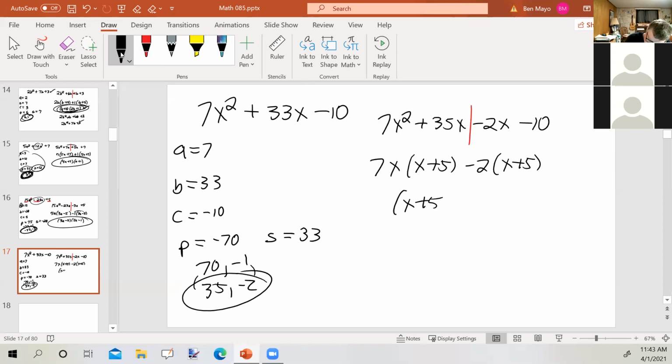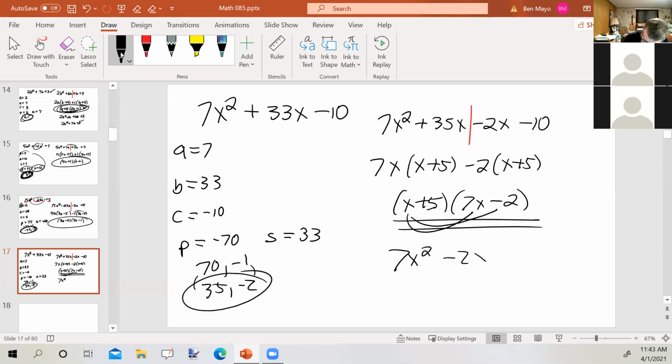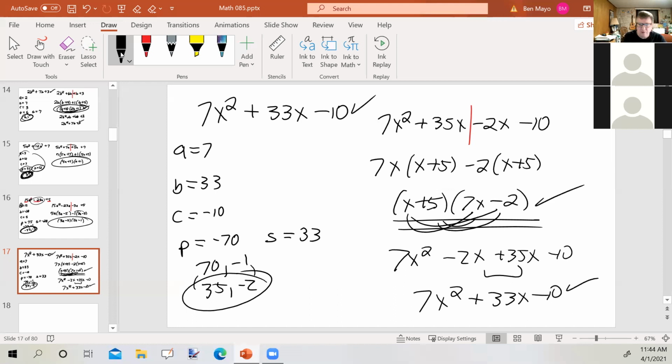Greatest common factor, x plus 5, leftovers, 7x minus 2. Let's check our work. 7x squared minus 2x plus 35x minus 10. Combine like terms, 7x squared plus 33x minus 10, and it checks.